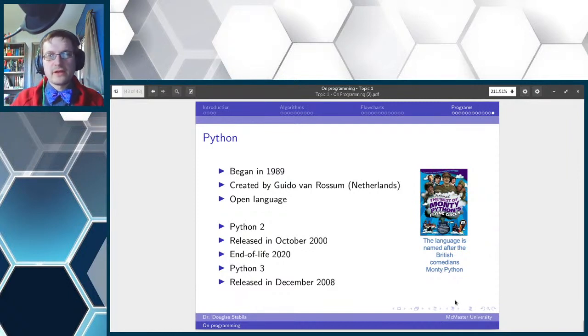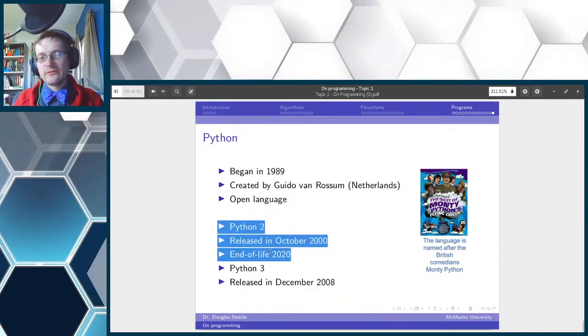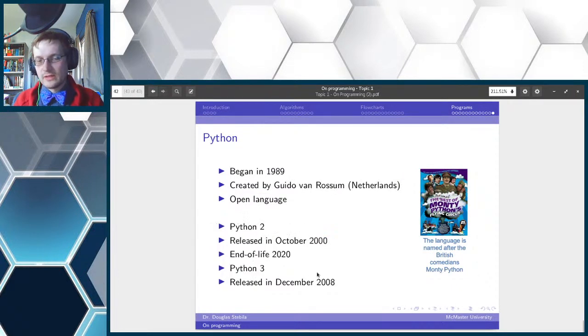Every year they have a Python conference where a bunch of Python nerds all get in a room together and explain to the world why they didn't include switch cases. Python 2 is dead. Long live Python 3. So if you're downloading a Python interpreter, make sure it's Python 3, because that's the recent and supported one.